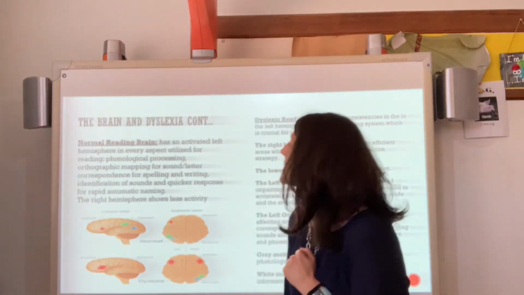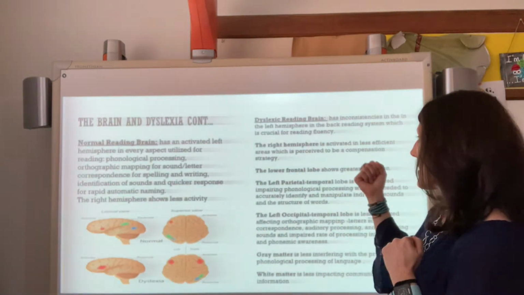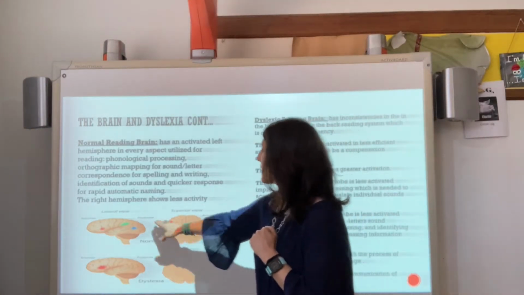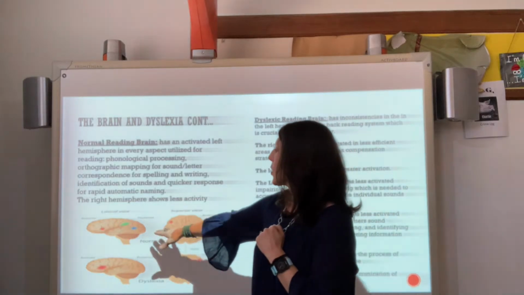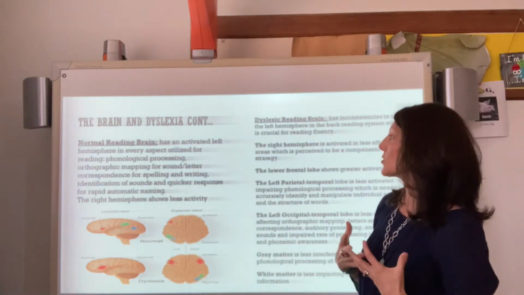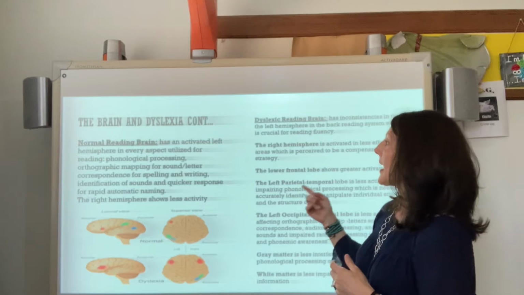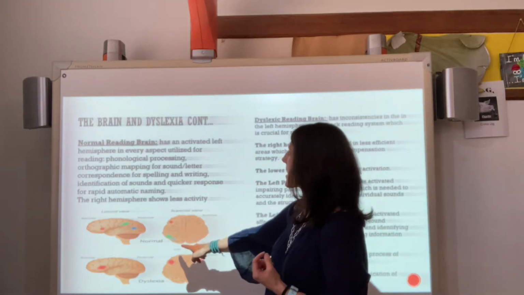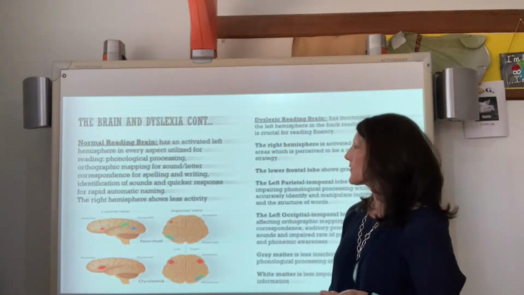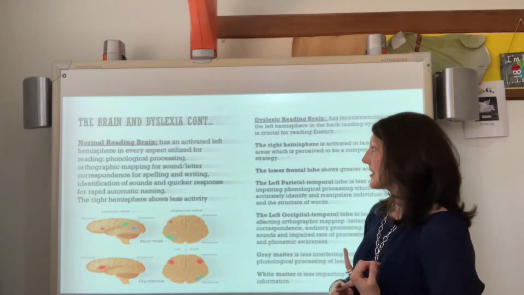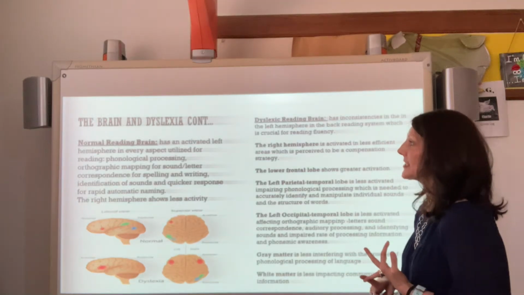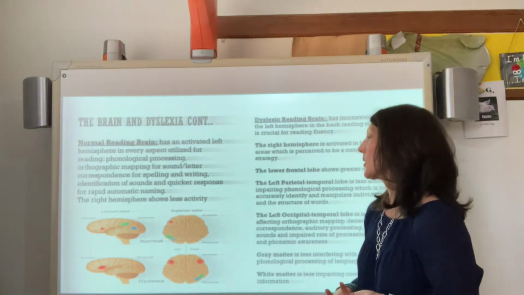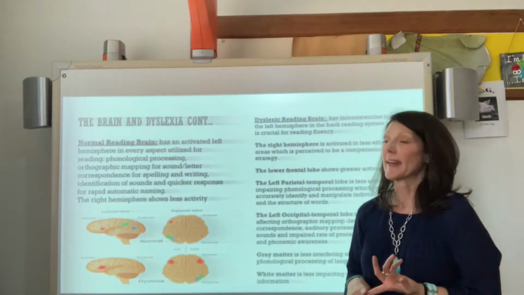So the brain and dyslexia: we have a normal brain and the dyslexic brain. Here is our picture of a normal brain and what fires when a child or student is reading. The normal reading brain has an activated left hemisphere in every aspect utilized for reading: phonological processing, orthographic mapping for letter and sound correspondence, for spelling and writing, identification of sounds and quicker response, for rapid automatic naming.